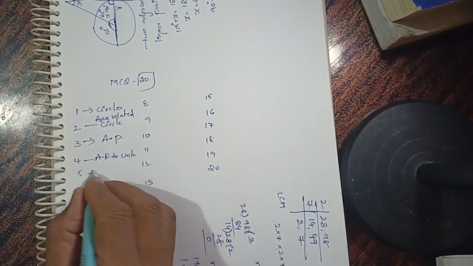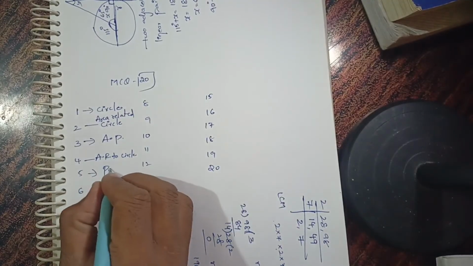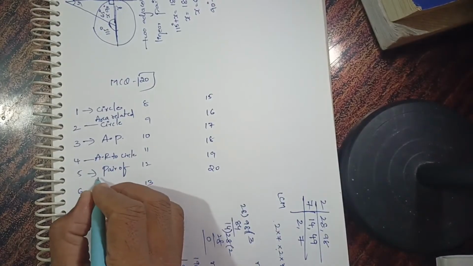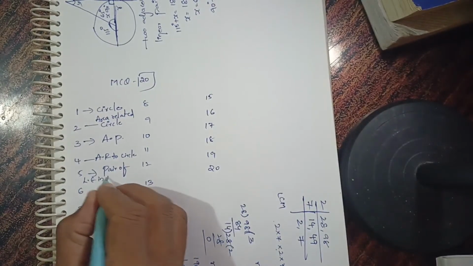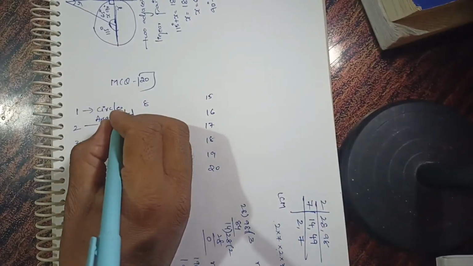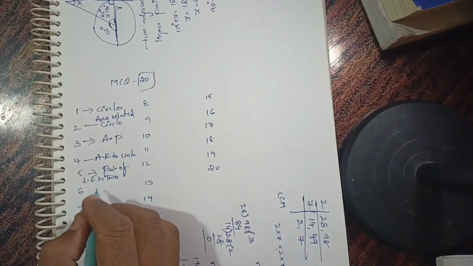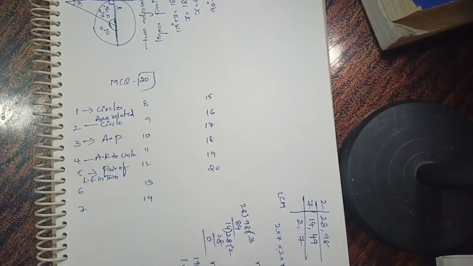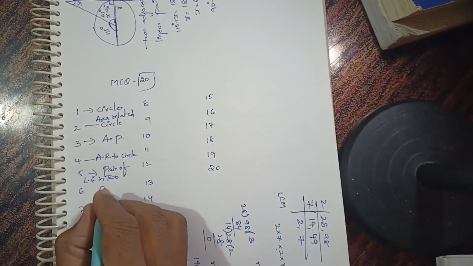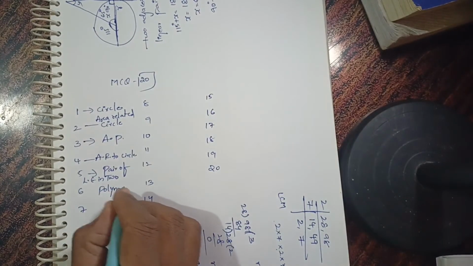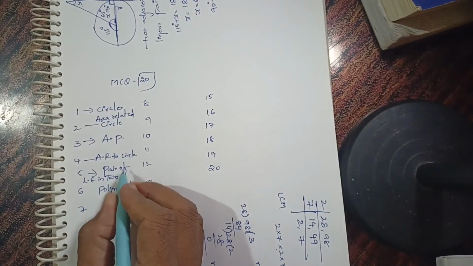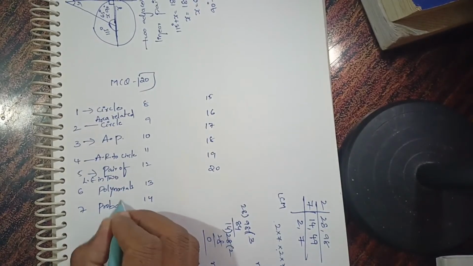Fifth question we got from pair of linear equations in two variables. Next, the sixth question we got from polynomials, and seventh we got from probability.